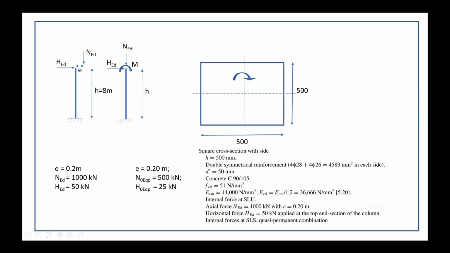Ecm according to Eurocode, and Ecd is equal to Ecm over 1.2. So the value of Ecd for design is equal to 36,666 kilonewton per square meter. This load is for the quasi-permanent load.